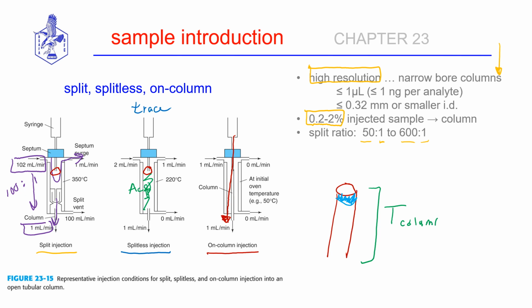So if that's a high enough temperature, if this is in solution, it will vaporize. But it's happening at the head of the column, and that can be advantageous sometimes in a manner of pre-concentrating the sample.